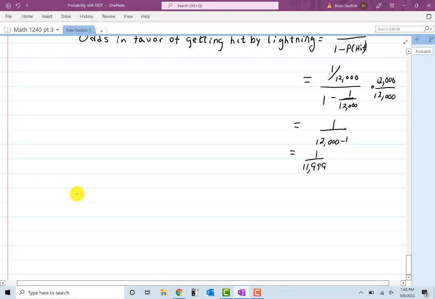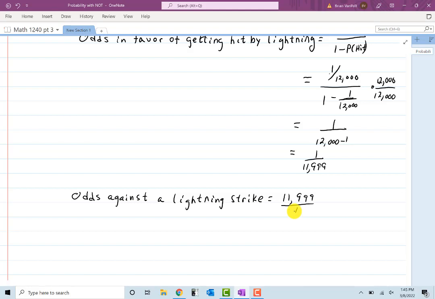Now the odds against a lightning strike equals just the reciprocal, 11,999 to 1. And remember, don't forget to put that divided by 1. We need to know how many items are for and against the particular event.